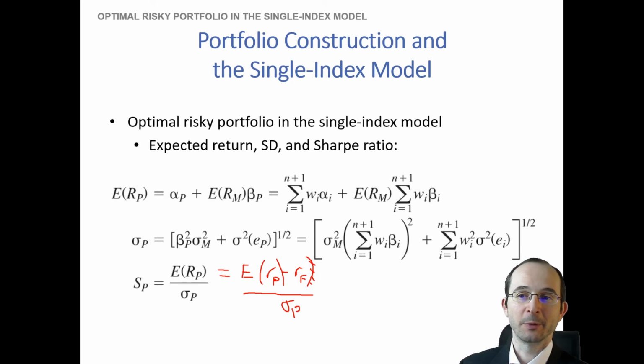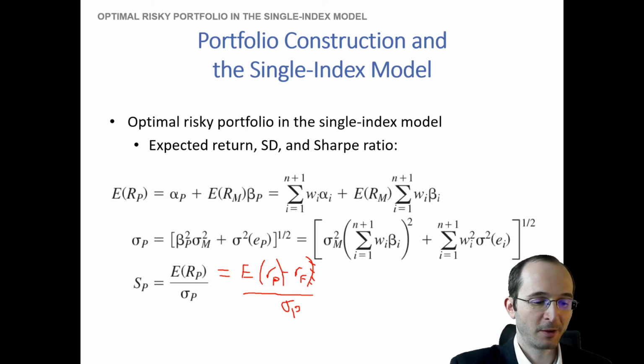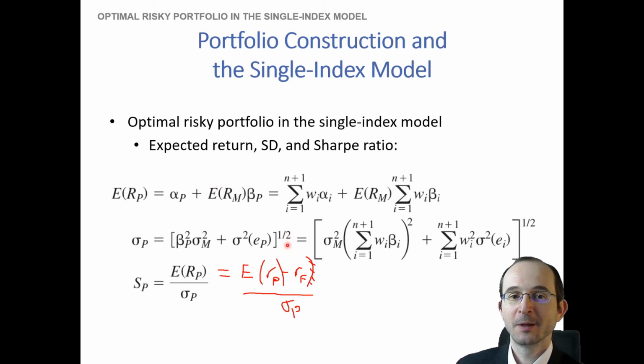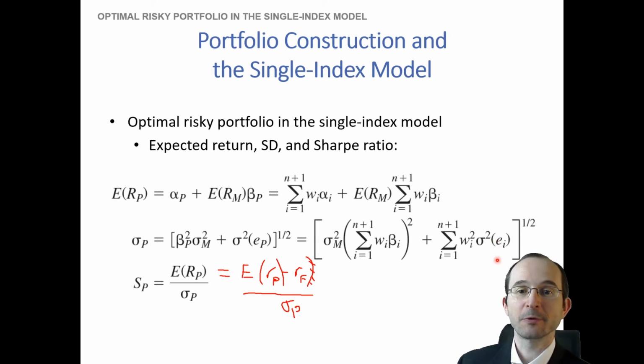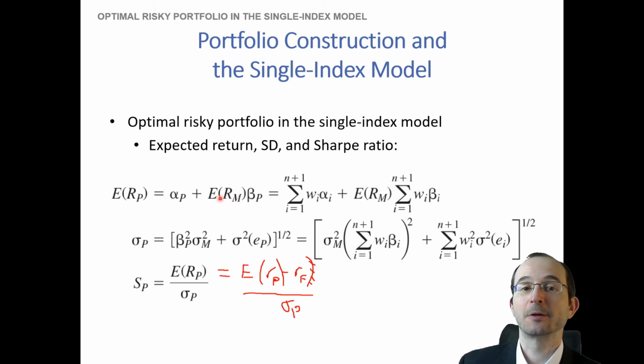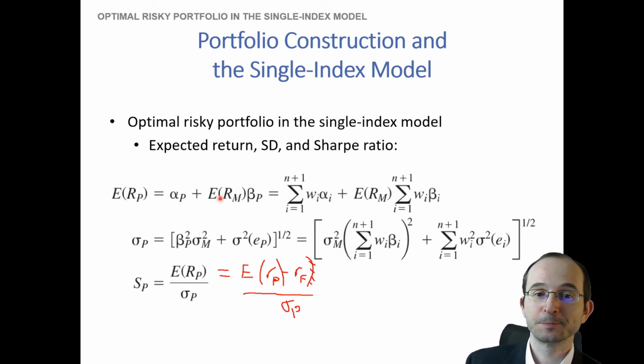But now that shows us that we can actually define the Sharpe ratio as a function only of the parameters that we have had to estimate for this single index model. The alphas of each individual security, the betas of each individual security, the variance of the residuals for each of the securities, and the variance of the market portfolio itself and the expected return to the market portfolio itself.